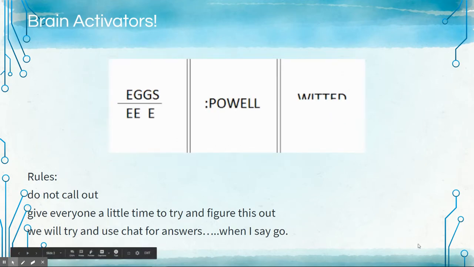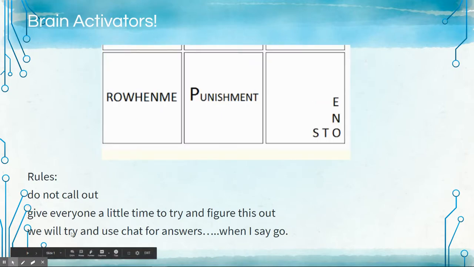If you are my even period, this is your brain activator. You can go ahead and press pause. Now, returning back to our odd period course, let's look at our first brain activator.